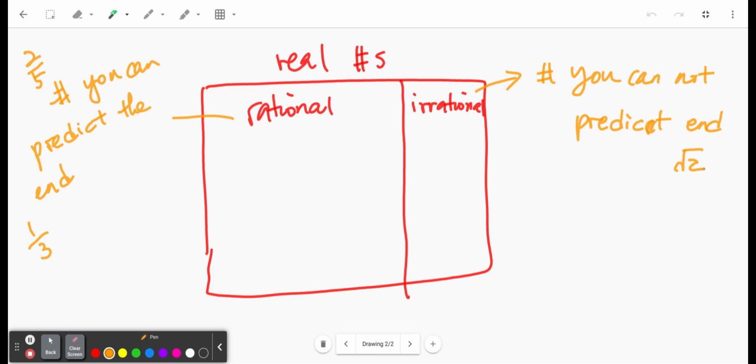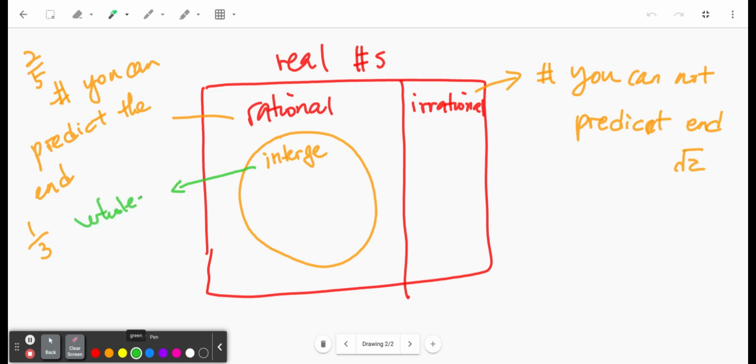All right. Within rational numbers, we have other sets. Within rational numbers, we have integers. What is an integer?